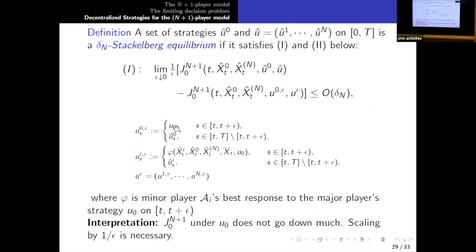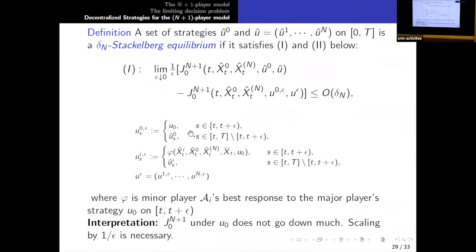So given this deviation to U0, we can think of the best responses of the n minor players on this interval. Again, for the future period, it's played by other guys, they should remain the same.